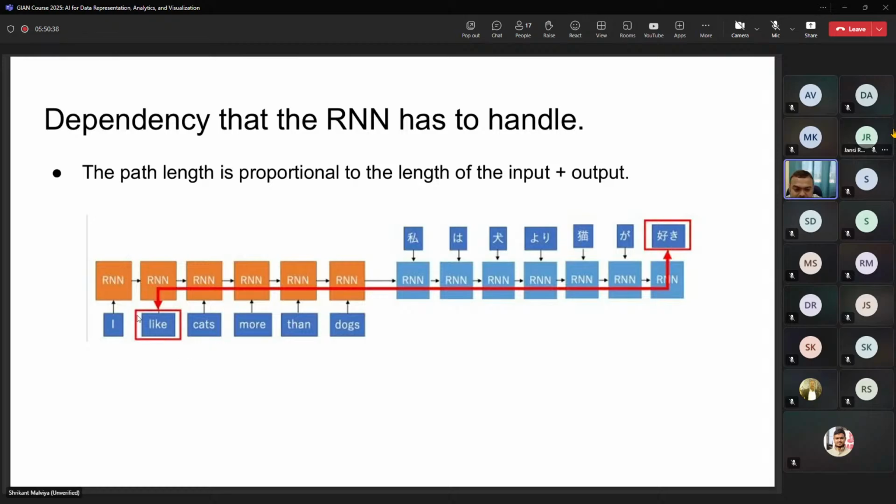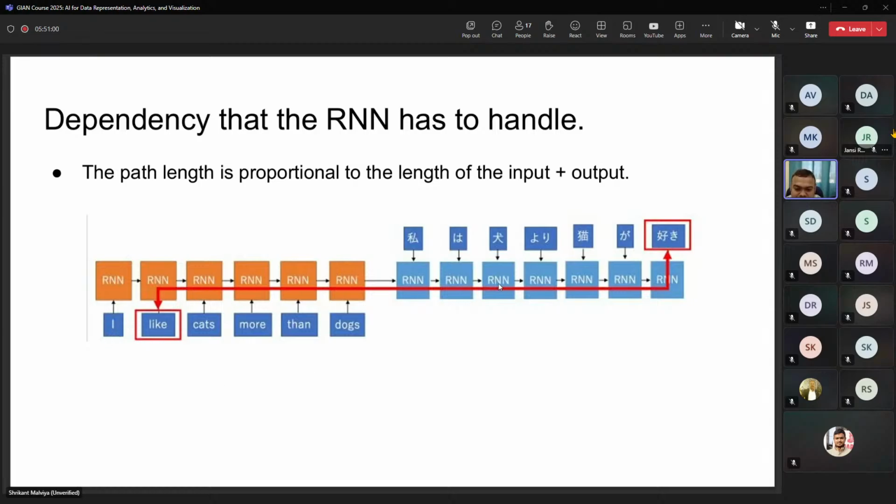The other problem is, if the input sequence is very large, then the output sequence will obviously be large too, and the generation will have to attend so many nodes that it may lose some of the information which is far back in the sequence.